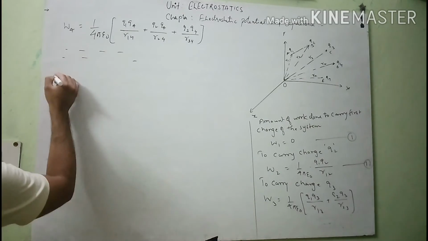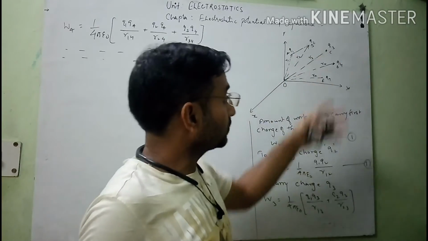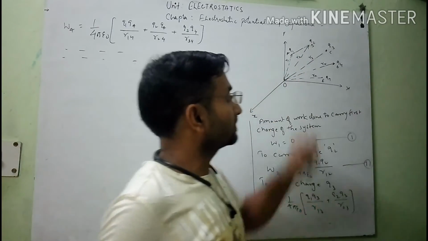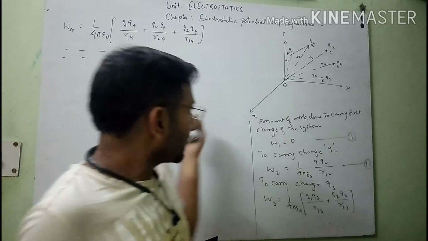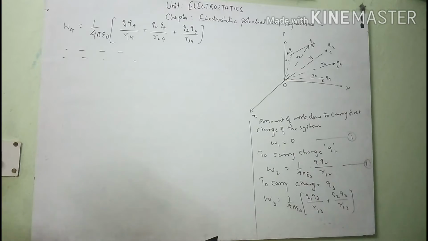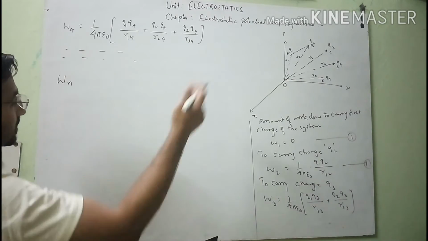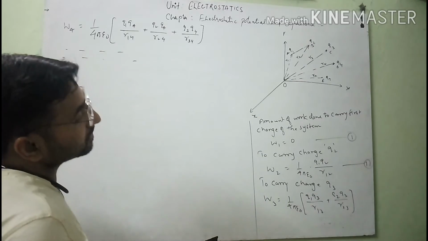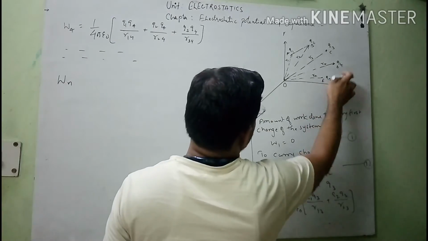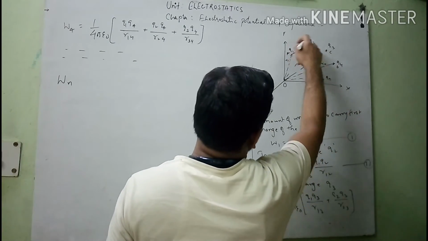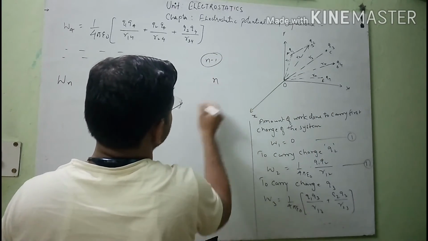At the end, when we carry the nth charge, we will see the amount of work done against all the charges. This is a very broad calculation here, but I will write it in a simple way after that. The amount of work done to carry the nth charge from infinity to its respective position will be against all the initial n minus 1 charges, because the total charges are n.